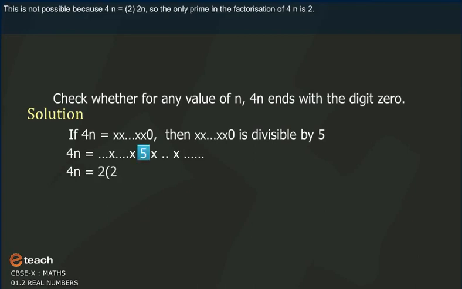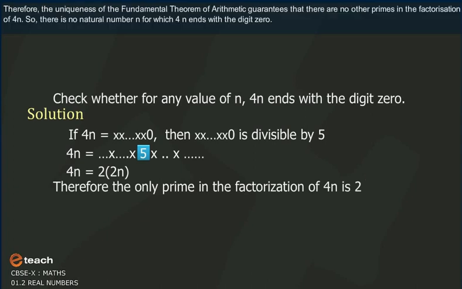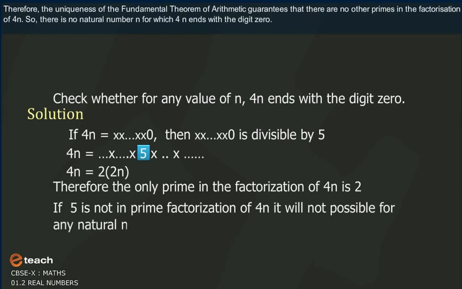This is not possible because 4^n is equal to 2 to the power 2n. So, the only prime in the factorization of 4^n is 2. Therefore, the uniqueness of the fundamental theorem of arithmetic guarantees that there are no other primes in the factorization of 4^n. So there is no natural number n for which 4^n ends with the digit 0.